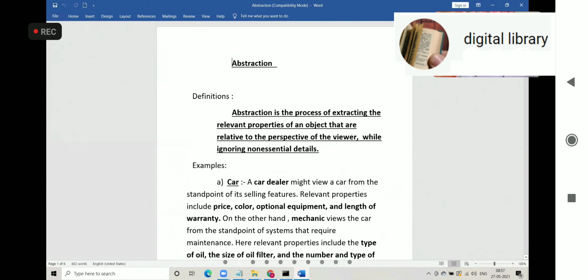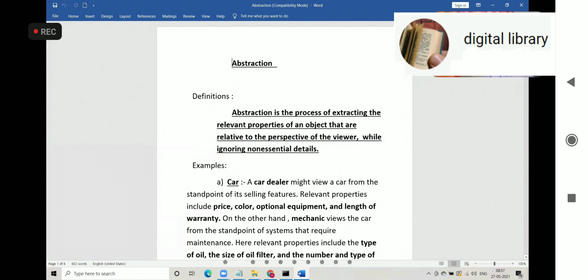Example. When you look at a car, what is your perspective as a viewer? Are you a mechanic? I mean, we are not mechanics, we are laymen. We are going to drive that car. So our perspective is very simple: to drive, how to start, how to stop, how to accelerate, how to apply clutch, brake, etc. That's all.